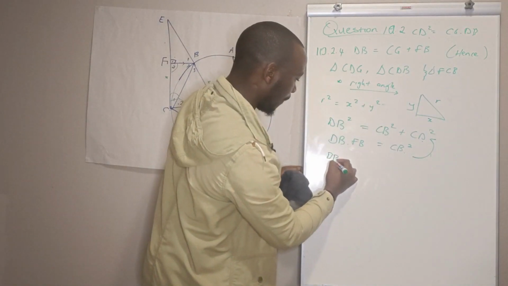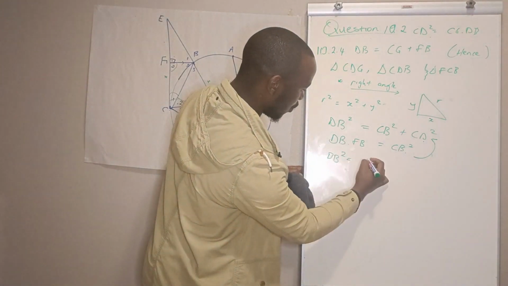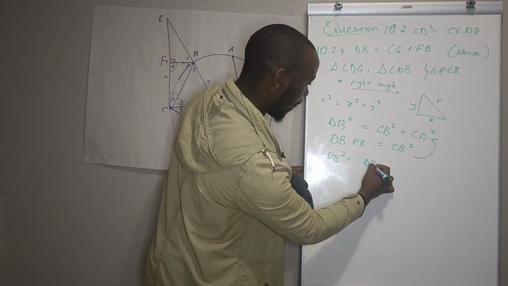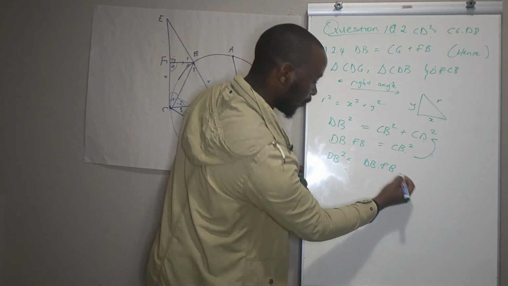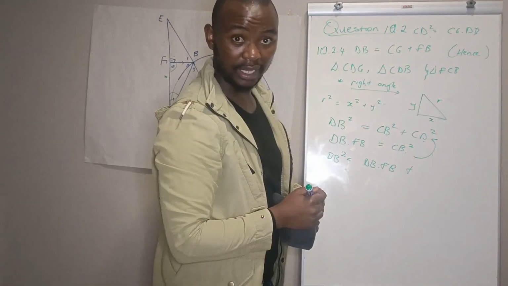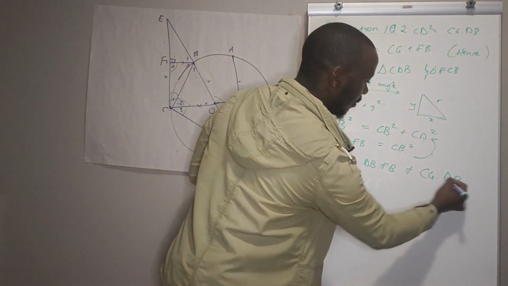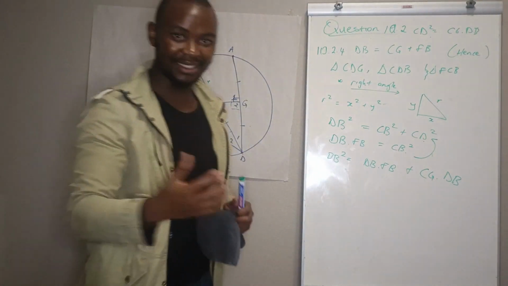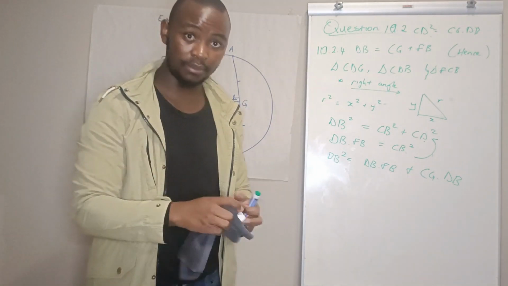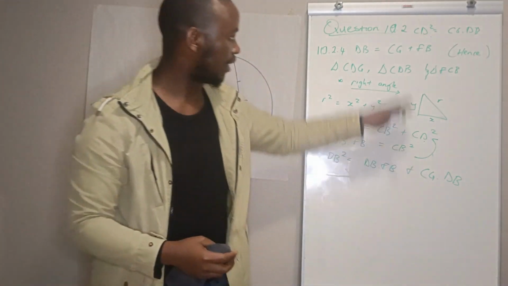So DB squared equals, if you substitute in the place of CB squared by this one, you're going to get DB multiplied by FB. Plus, in the place of CD squared, you substitute by what you are getting there, which is CG multiplied by DB. Okay, at least now we've eliminated all these unnecessary variables, and we at least also have the sides of interest in here.